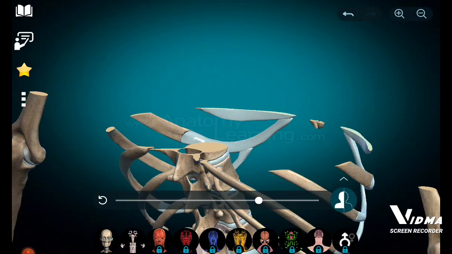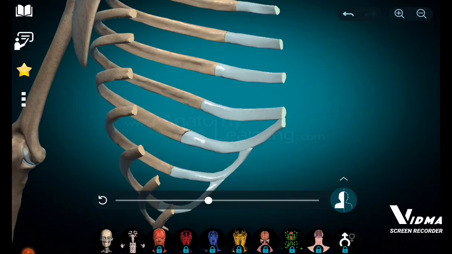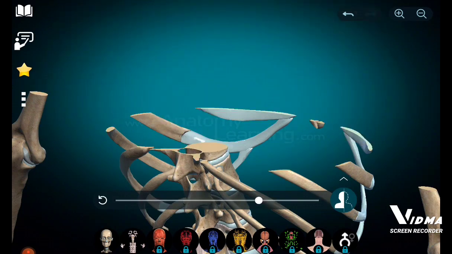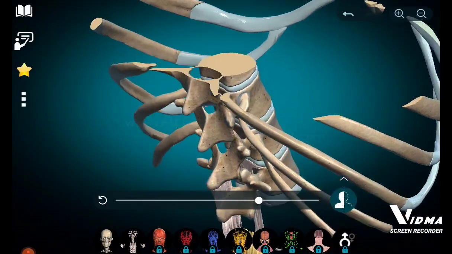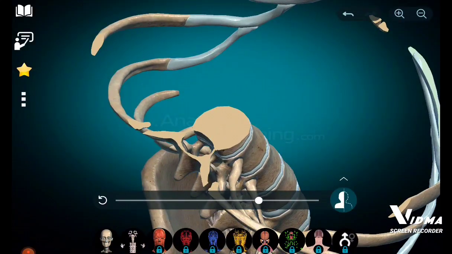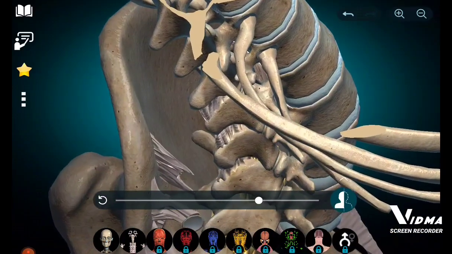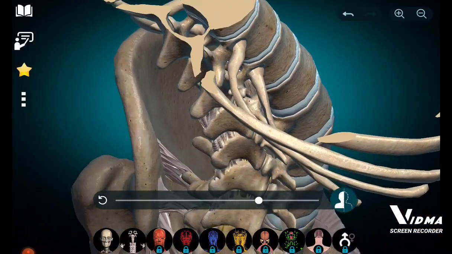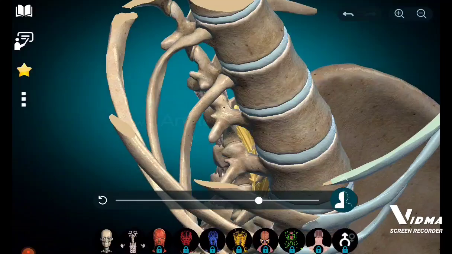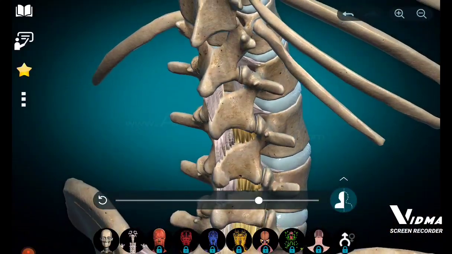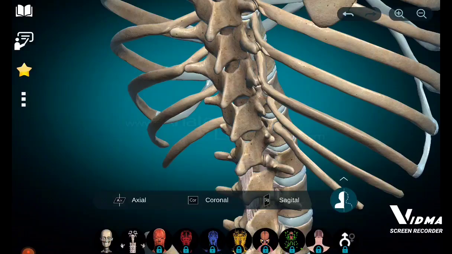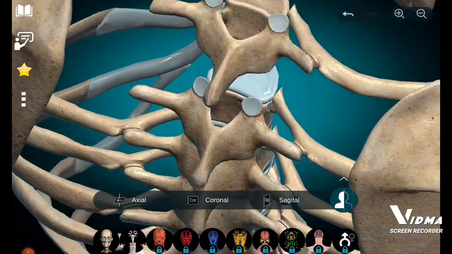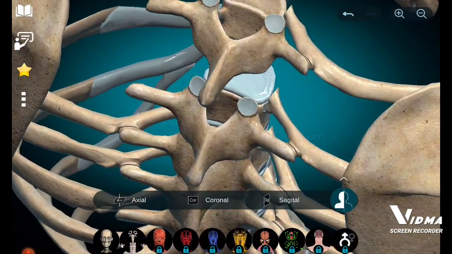You can see here ribs contain two articulation surfaces.